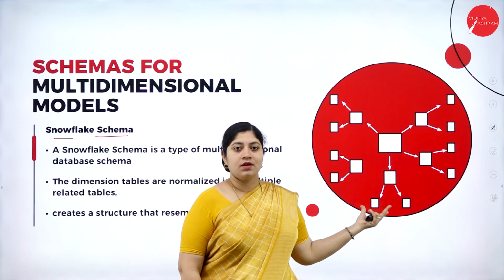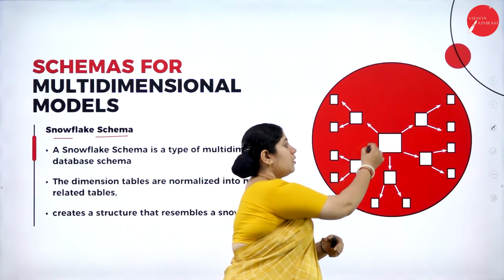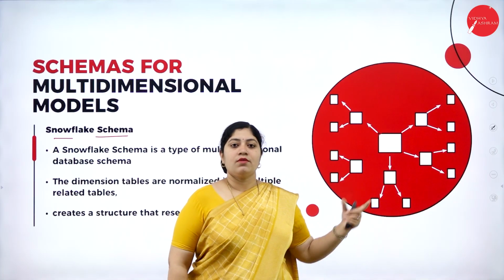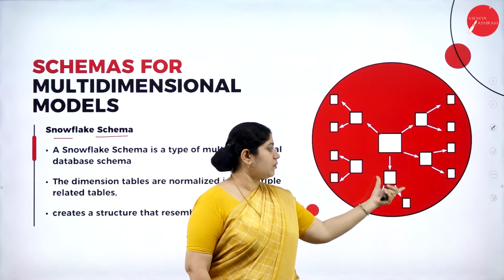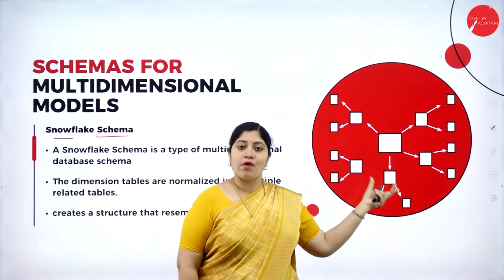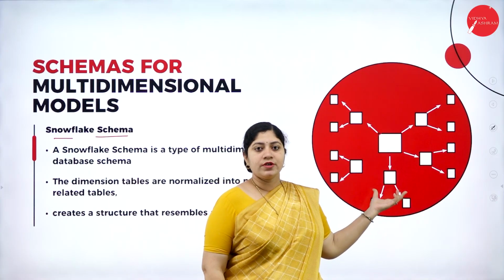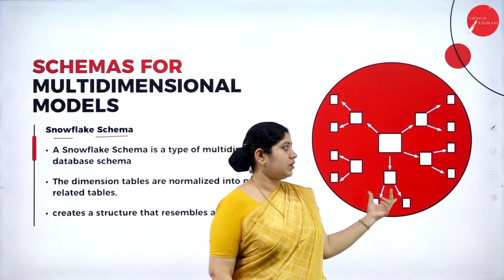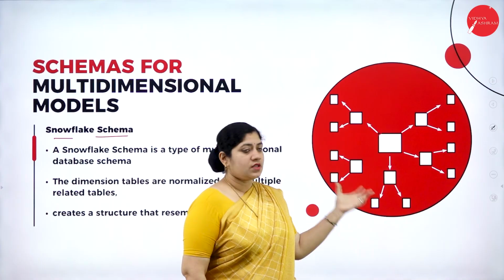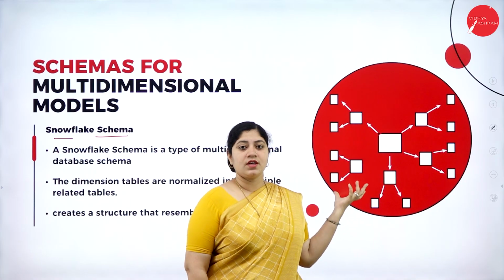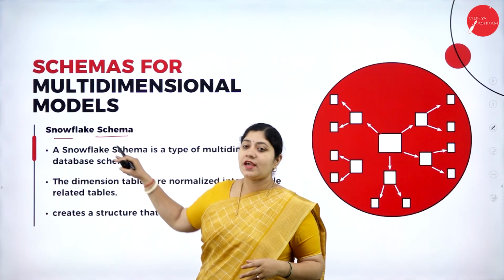So over here we can observe the main fact table is there and multiple dimensional tables are formed. And we can observe here, this is a fact table and various dimension tables. Now, it resembles a snowflake. It is called a snowflake schema.